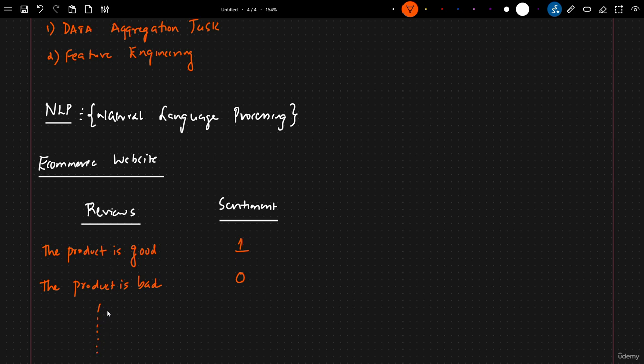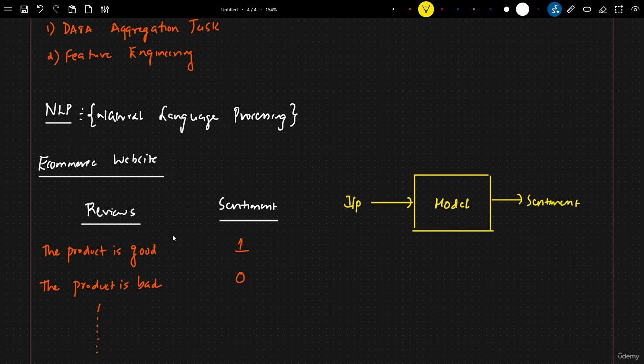Now if I need to train a model, it needs to take this input data, whatever reviews it has, and provide me sentiments. Understand one thing: a model involves a lot of mathematical calculation inside, and the model does not understand text information.